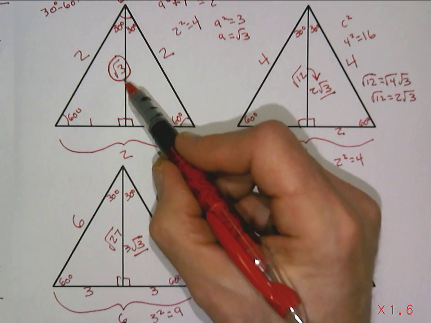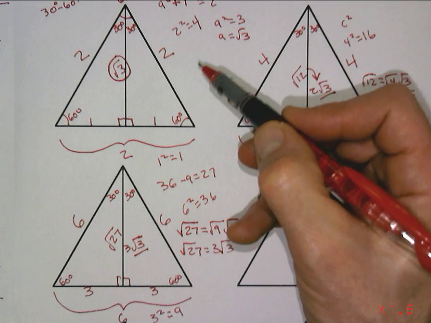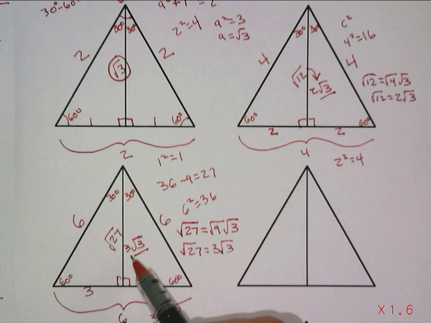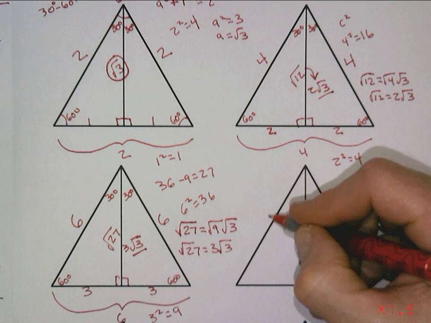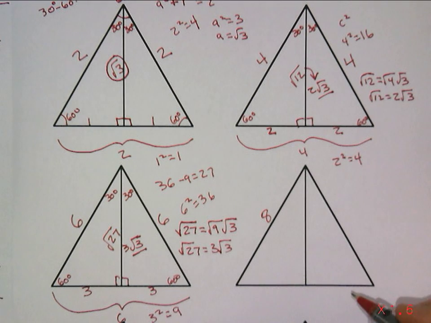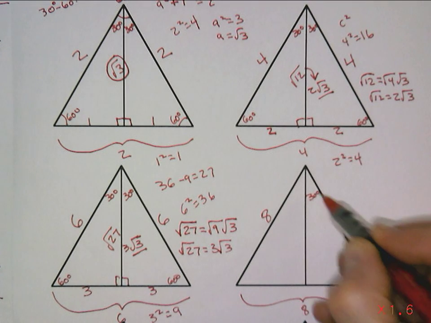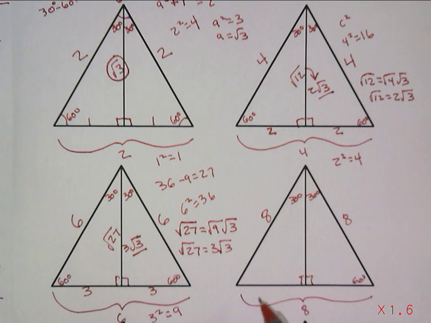You don't really notice it with the square root of 3 and the square root of 12 and the square root of 27, but if you simplify them, you can see that this one is 2 square roots of 3, this one is 3 square roots of 3. I'm going to make one more triangle, and I think maybe you might notice if I say this is 8, and this is 8, and all the way across here is 8, equilateral triangle, and again I have my 60-30-90 triangles all the way around.